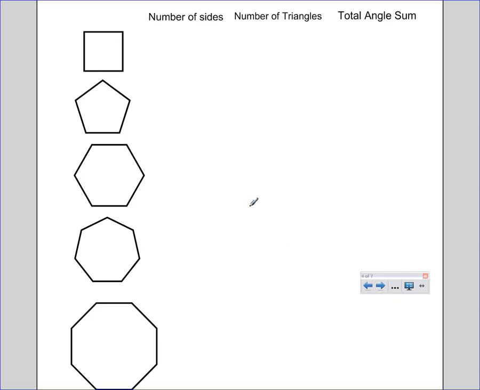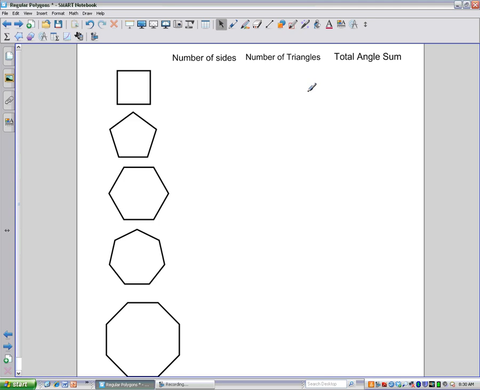Our goal is to figure out how many degrees are in any shape that we have. We could probably quickly do a square, but then we get into pentagon, hexagon, octagon, and septagon, I guess, and what have you. So I'm going to get out of here because I need my little line tool to do this. I'm going to try to divide all these shapes up into triangles.